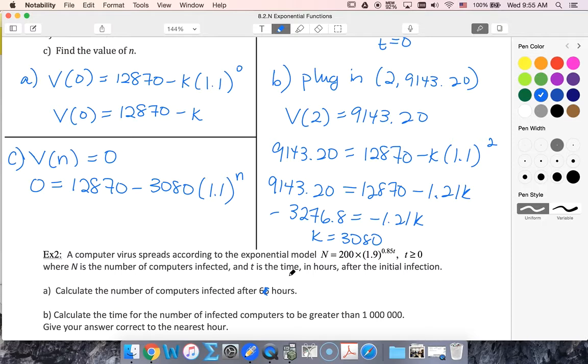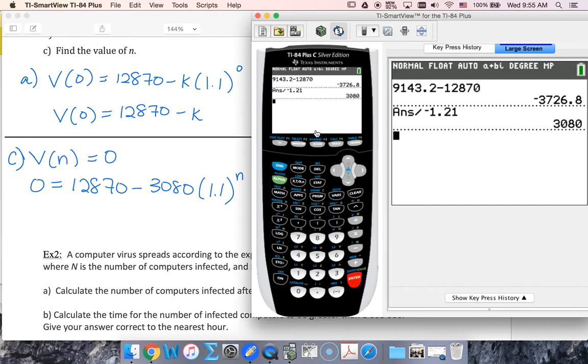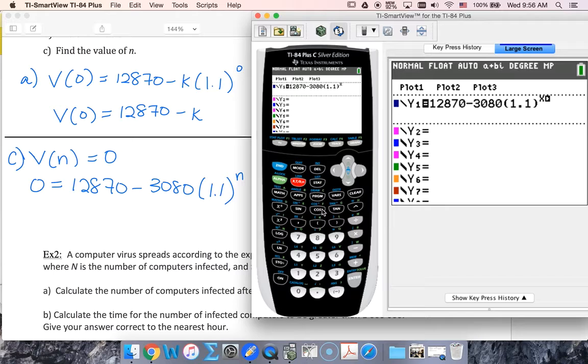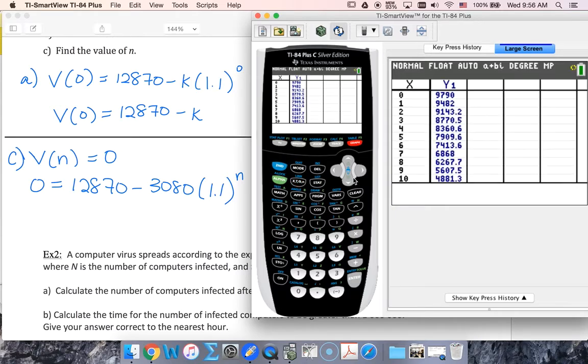So instead, I'm going to go to my calculator. I'm going to plug in what I know, and I'll use x here. Now I'm going to look at my table of values. So here's my starting value of the car.